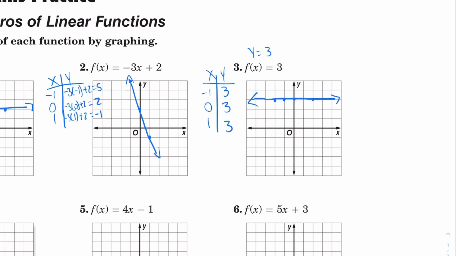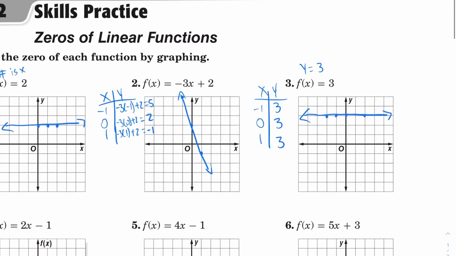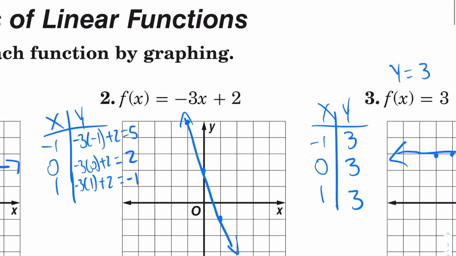The reason why we're connecting these with a line is because these equations say that there's a function and you're going to plug in an x. X can be any real number.